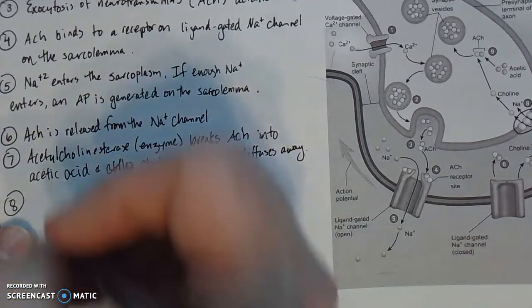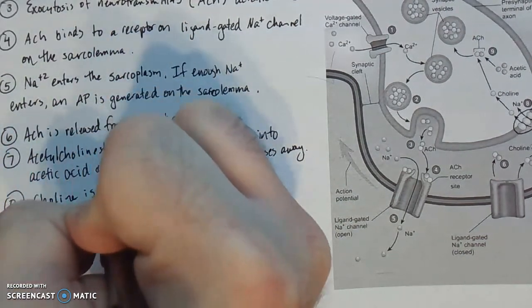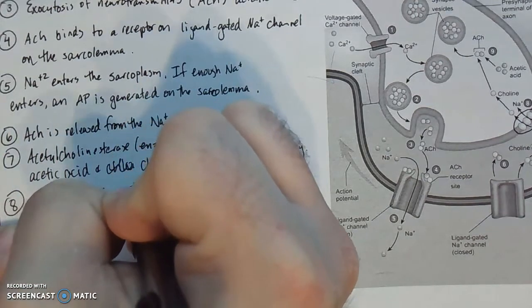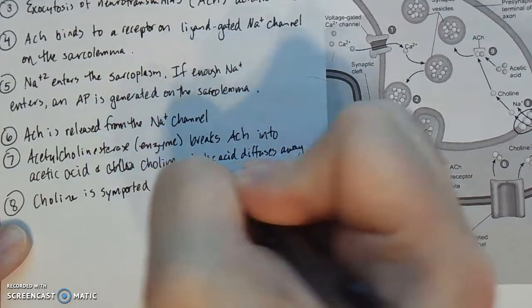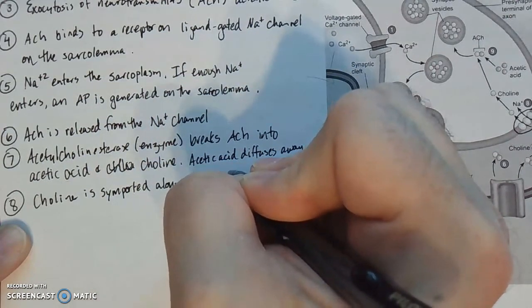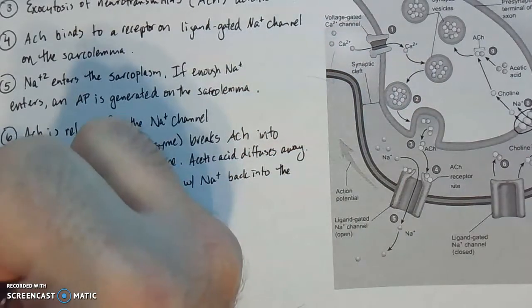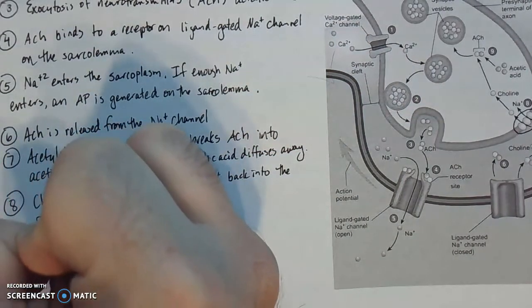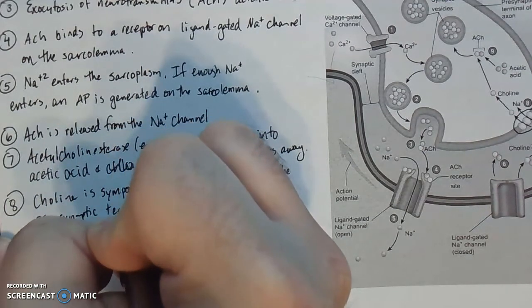But number 8, choline is symported along with Na+ back into the presynaptic terminal.